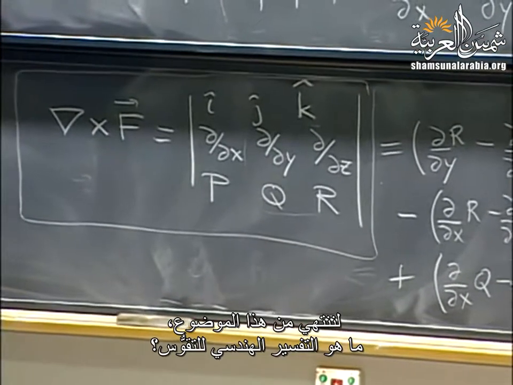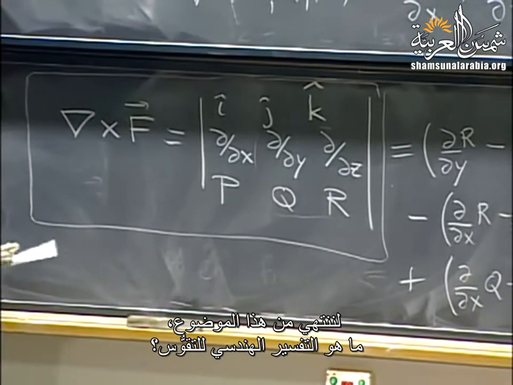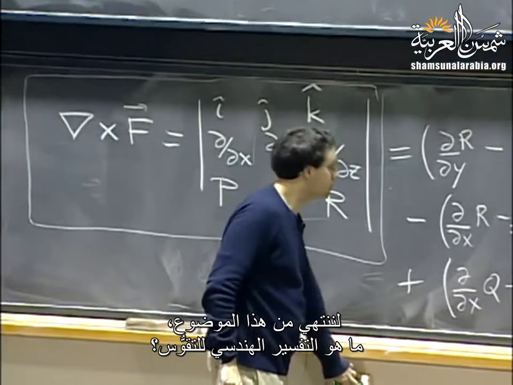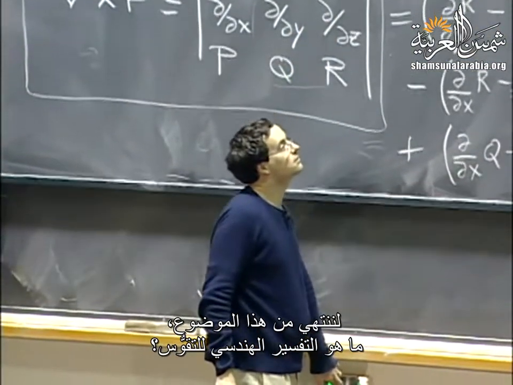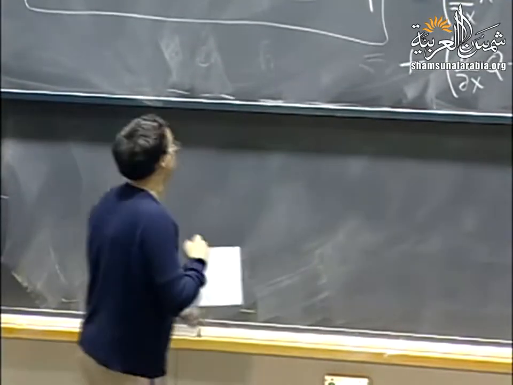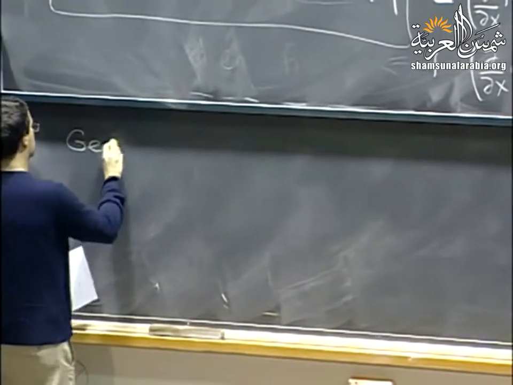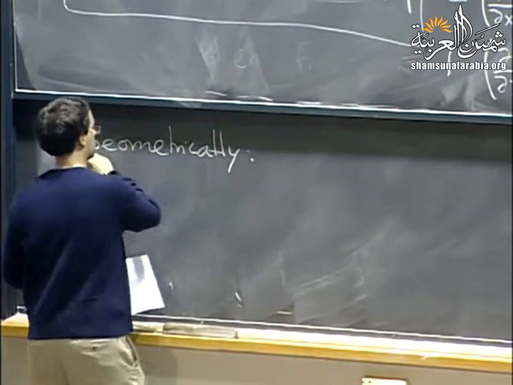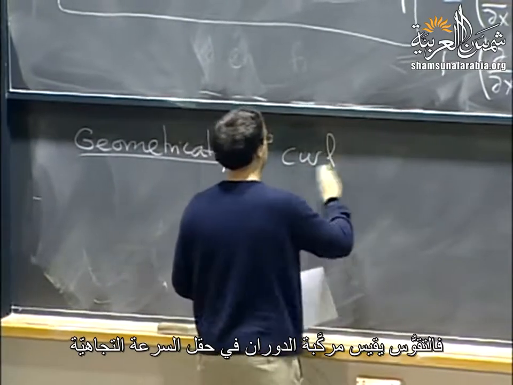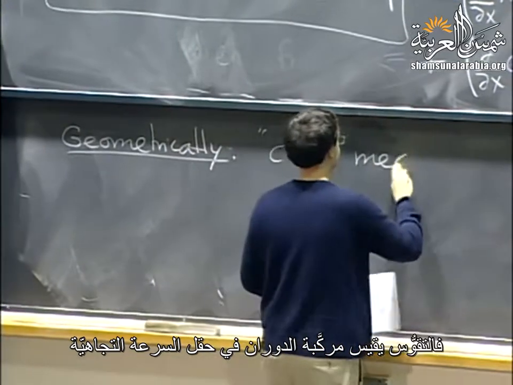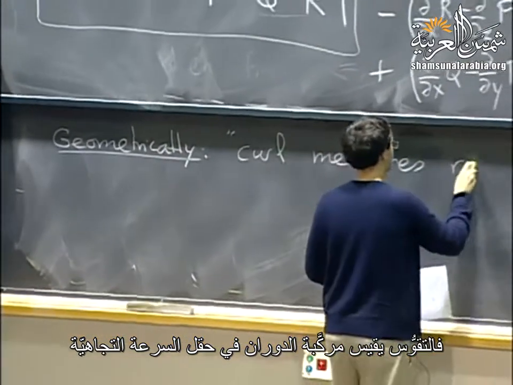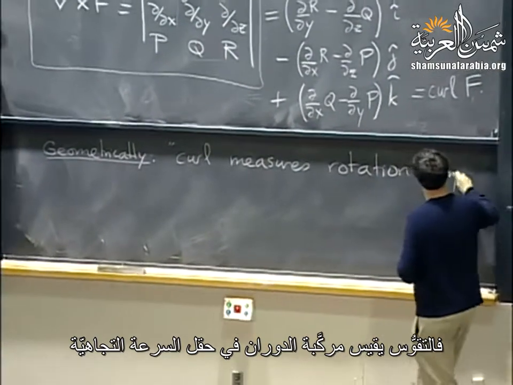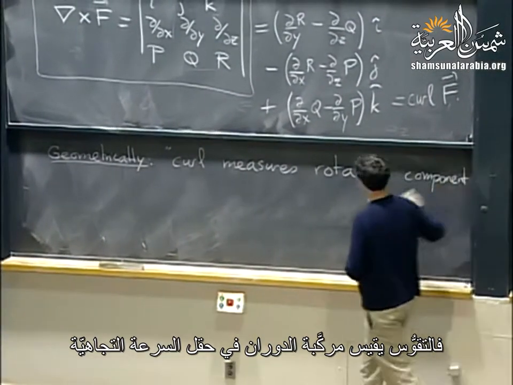Okay. So what's the geometric interpretation of curl, just to finish? So in a way, I will say curl measures the rotation component in a velocity field.